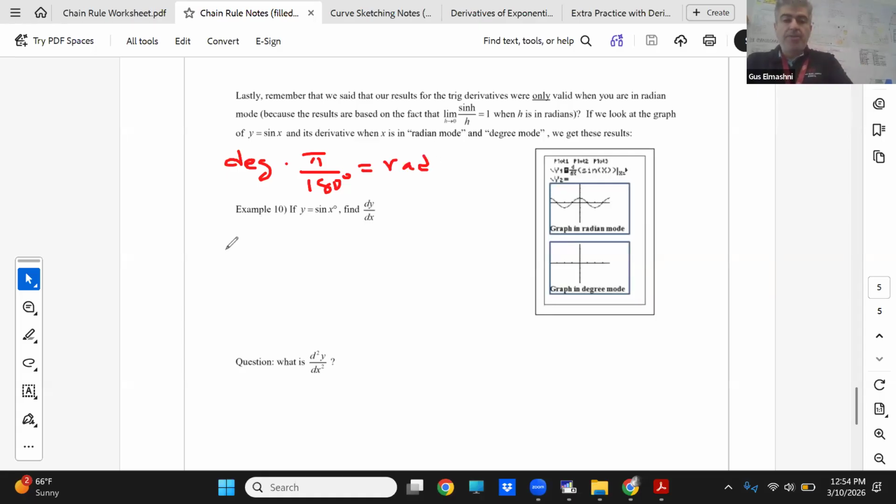We have y equals sine x degrees, y equals sine, and that's going to be pi over 180 times x. Now, if I take my derivative, what's that going to be?